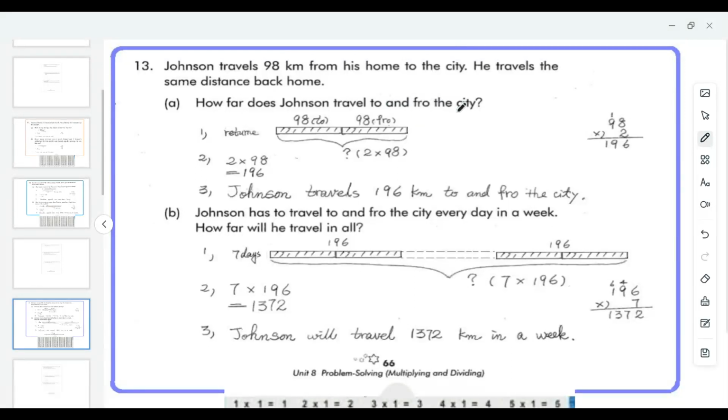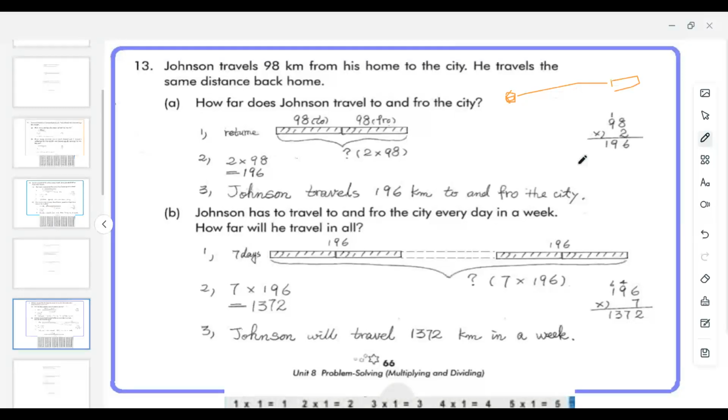So, which means here is his home, and here is the city. Okay? Here is his home, right? And here is the city.